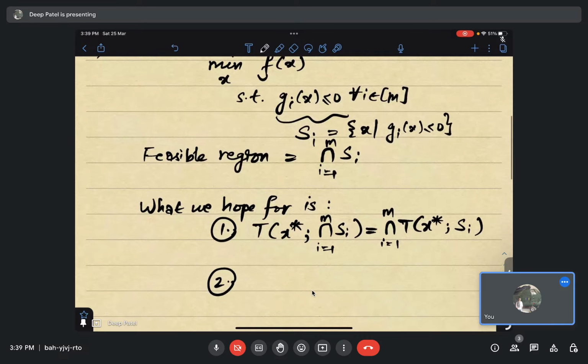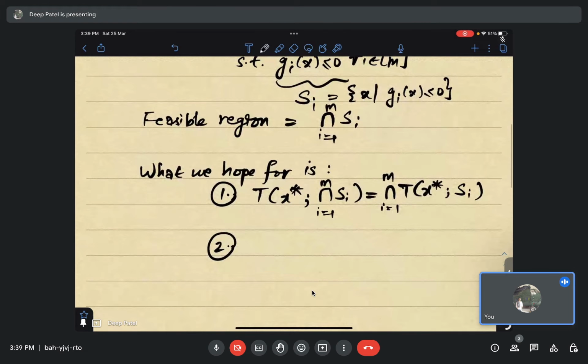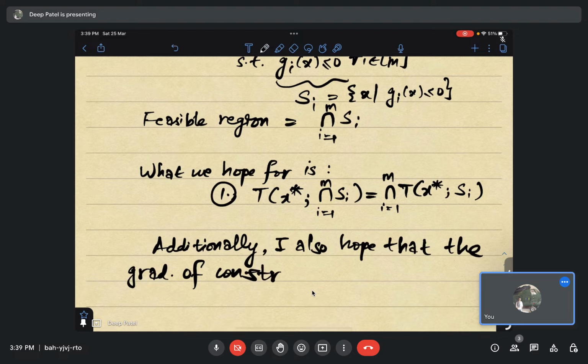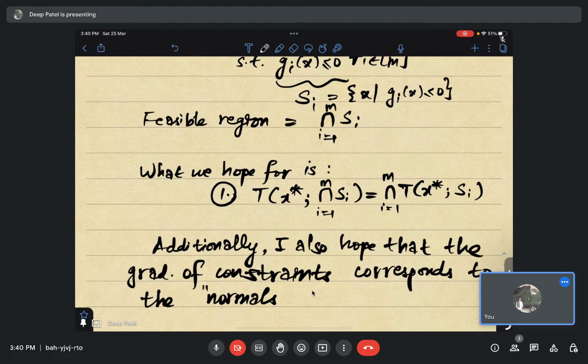Another thing is, this is one thing, and additionally I also hope that the gradient of the constraint corresponds to the normals at active surfaces, meaning constraints which are active, right?